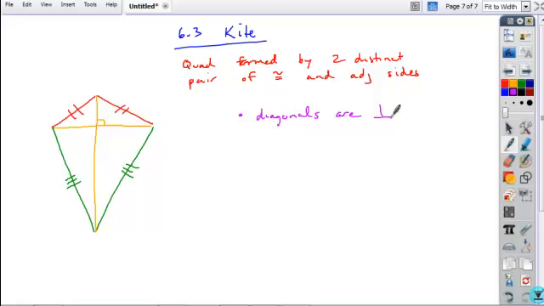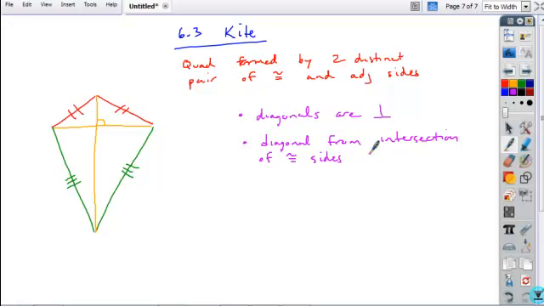Now let's stay with the diagonals. There's another relationship that occurs with respect to the diagonals. Did anybody see that when they were researching? Okay, so when you draw in the diagonal that connects these congruent sides, I'll call these the diagonal from the intersection of congruent sides.